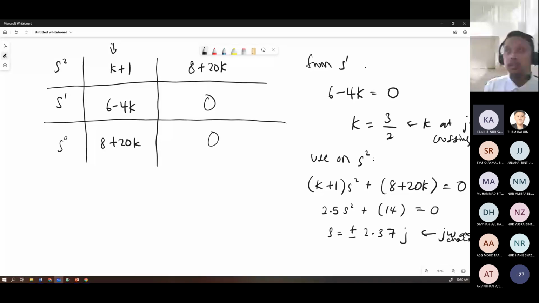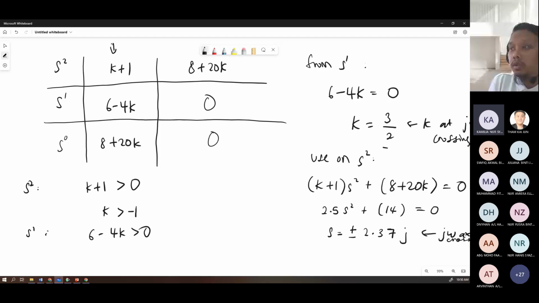So from S2, K plus 1 must be positive. So K must be bigger than minus 1. And then S1, we get this value just now. So 6 minus 4K bigger than 0. So we get K less than 3 over 2.